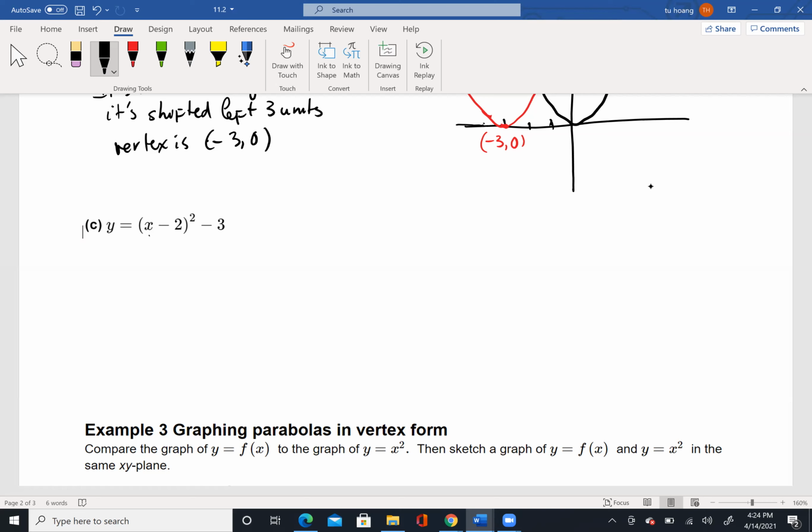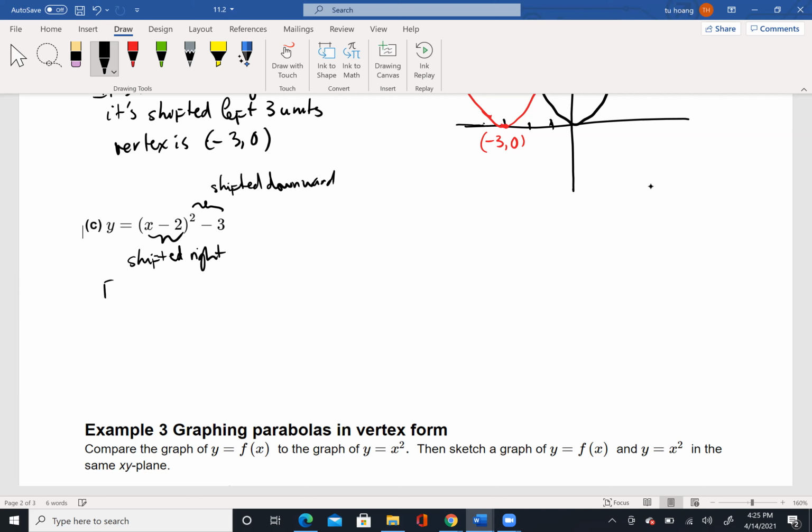For this term, you say shifted right, and this part over here will tell you shift downward.